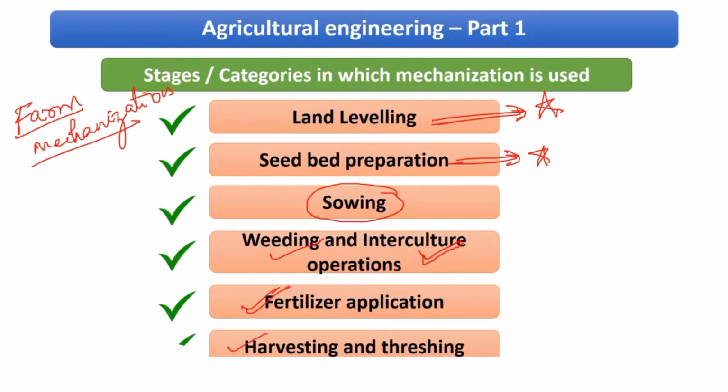Finally you are cutting the crops and separating them from their outer parts, to use the main core parts. So these are all the steps in which you see that tools and implements are used. We are making use of engineering principles in all these steps. Let us have a look at each of these steps quickly.